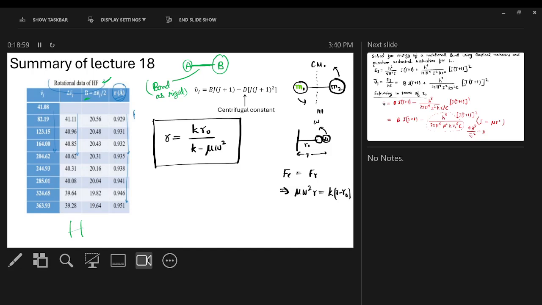So the question comes, why is it so? R is nothing but the bond length of the HF molecule. We see here that as J increases, the bond length for HF increases.